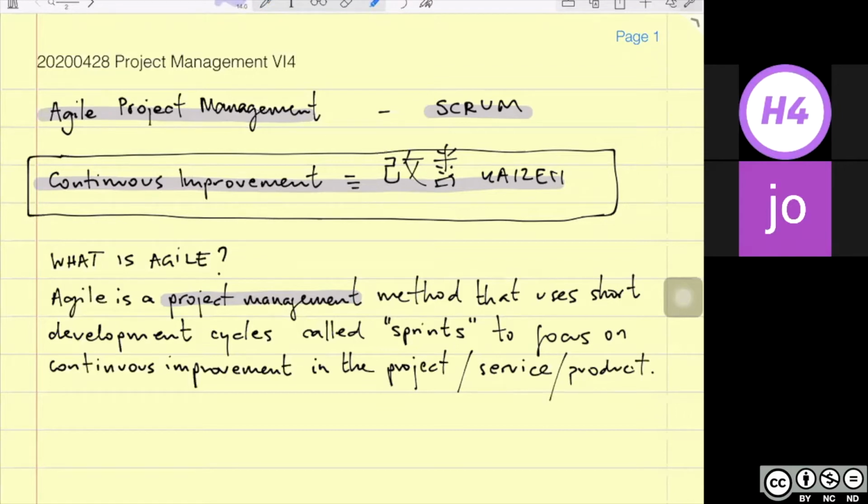So here there are a few words that are important. Short development cycles called sprints that focus the continuous improvement in the project, product, or service that is delivered. Okay, so this is a definition.